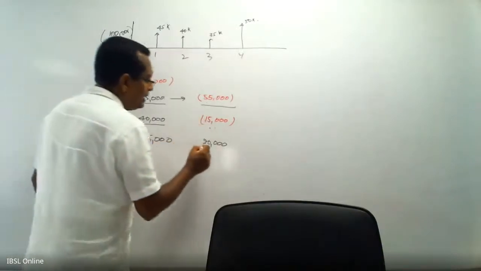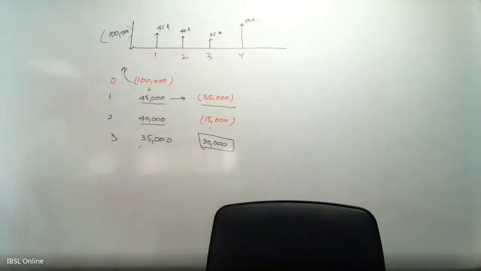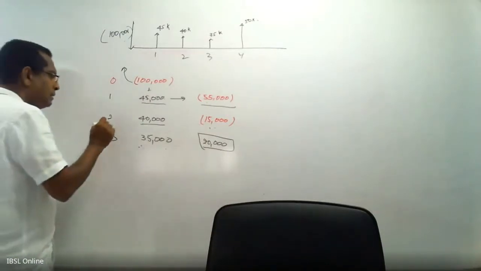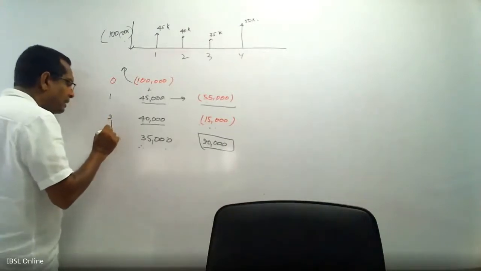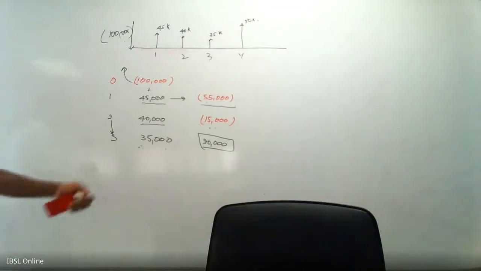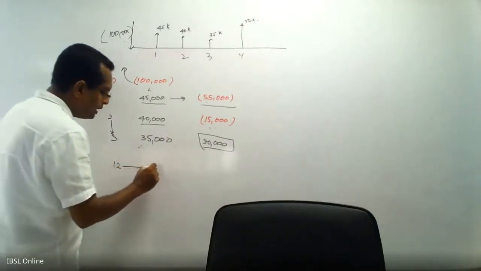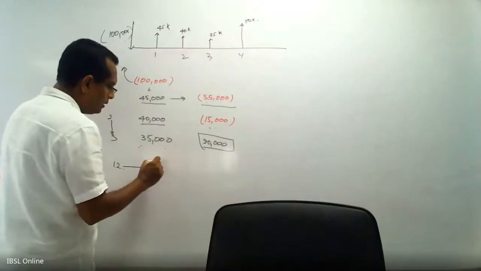So at the end of the year, you will be left with 20,000 more than what you have invested. That means between the second year and the end of third year, you will recover your 15 million. For a 12 month period, you get 30.